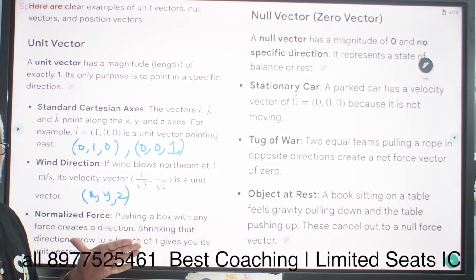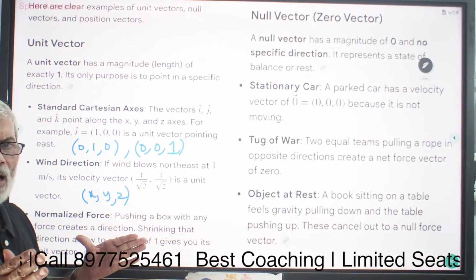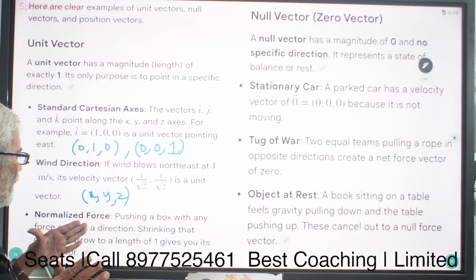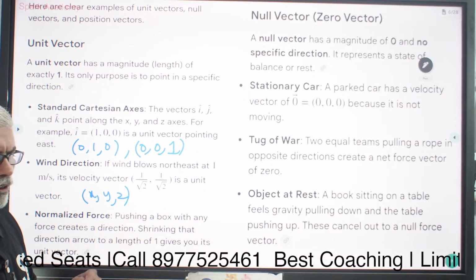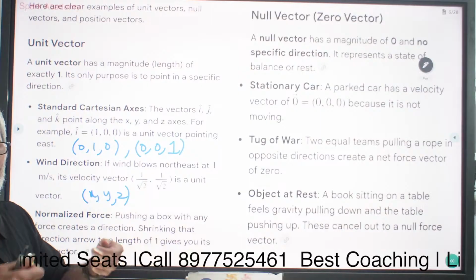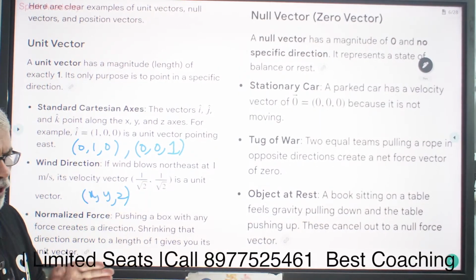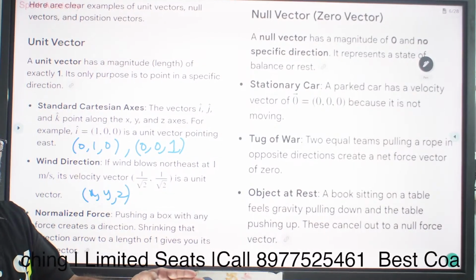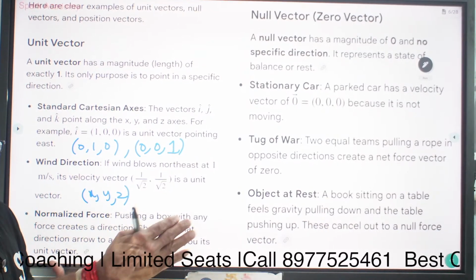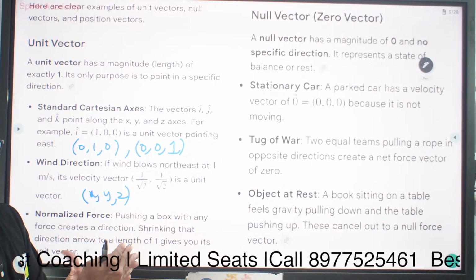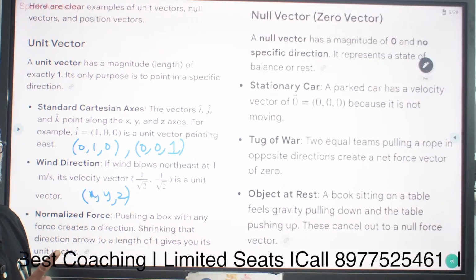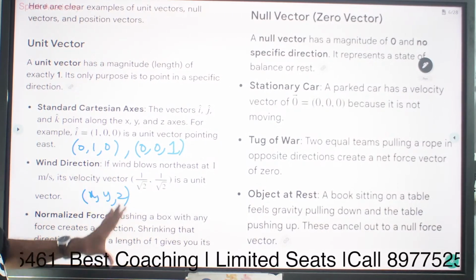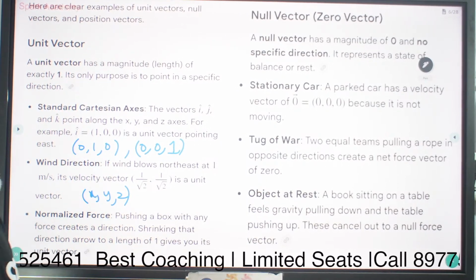Suppose you push a box with any force, so it will go from one direction to another. Then you compress it so that its length is 1, and then it can be a unit vector. These are some of the examples which you can visualize.